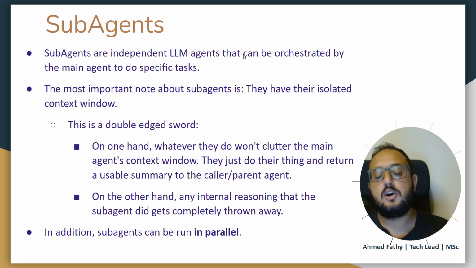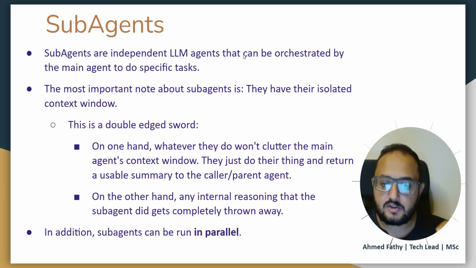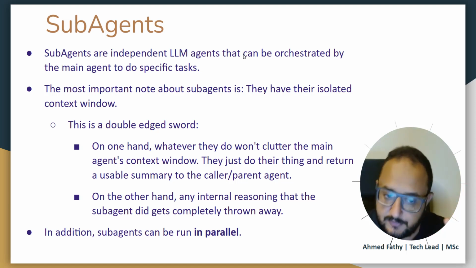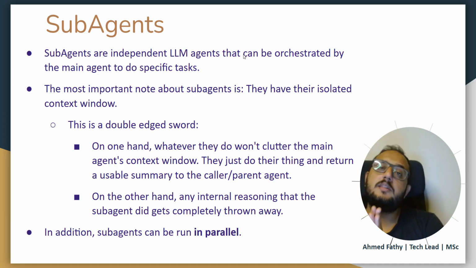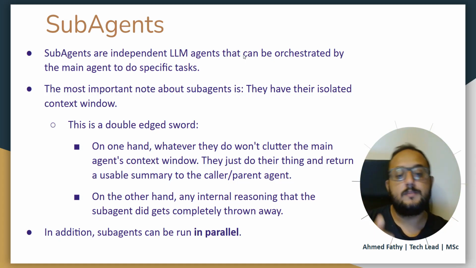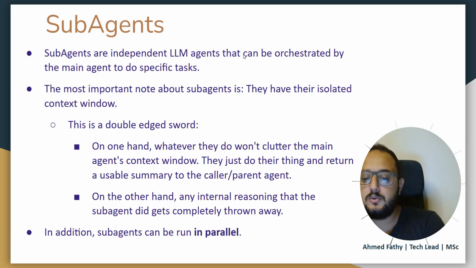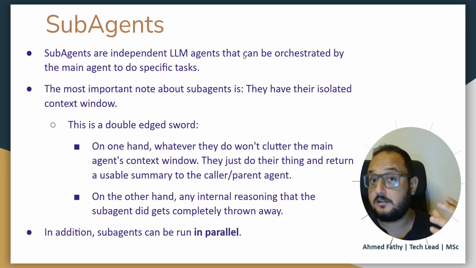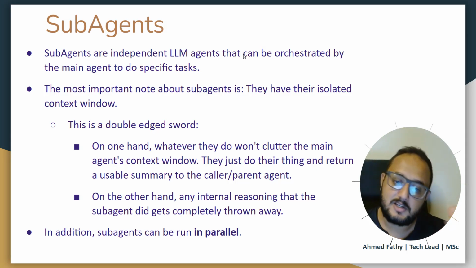Sub-agents are independent LLM agents that can be orchestrated by the main agent to do specific tasks. The most important thing to note about sub-agents is they have their own isolated context window. This is extremely important, and this is a double-edged sword. On one hand, whatever they do will not clutter the main agent's context window, and context window is very, very precious.